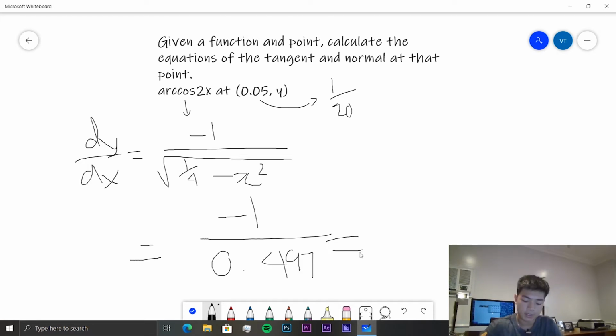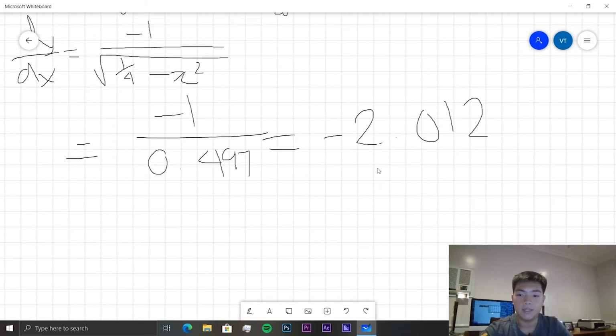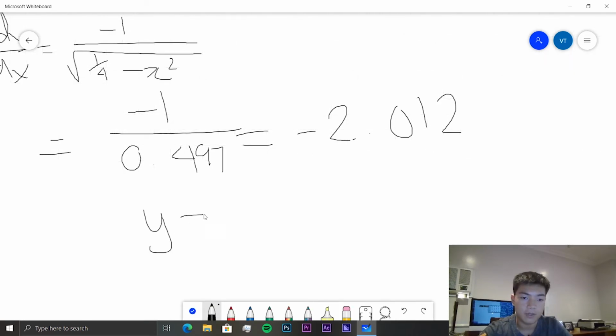So the gradient should be -1 over that. So we have -1 over 0.497, which is equal to around -2.012.